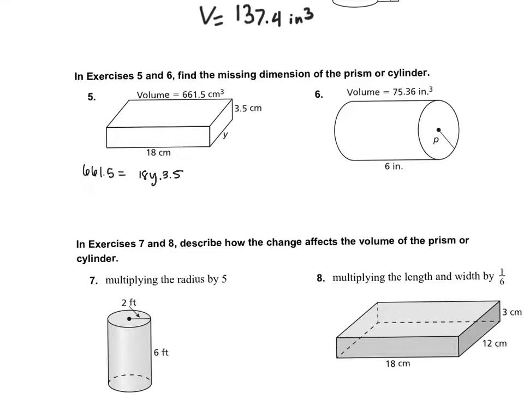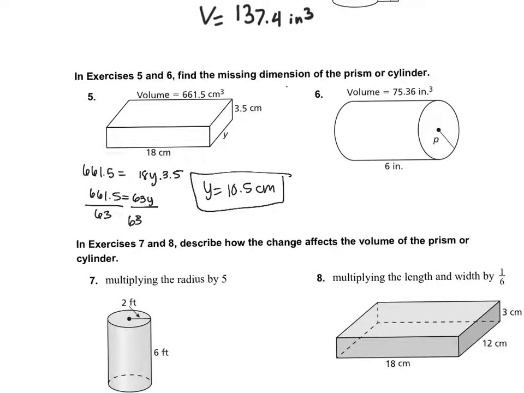Then I would end up with 661.5 equals 63y. In order to solve for y, I'm just going to divide both sides by 63, and I end up with y equals 10.5 centimeters. And this time it's just centimeters because we're finding one of the dimensions.